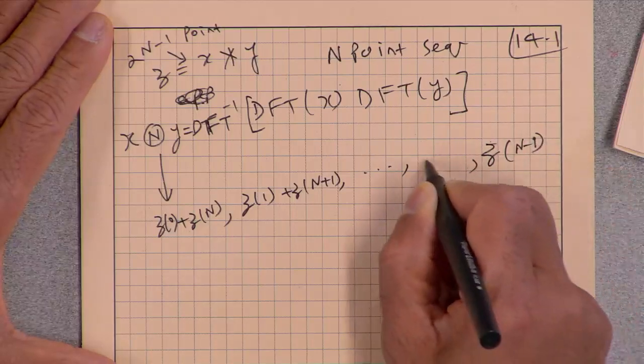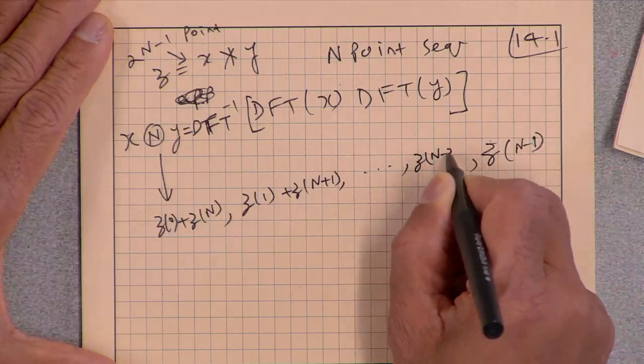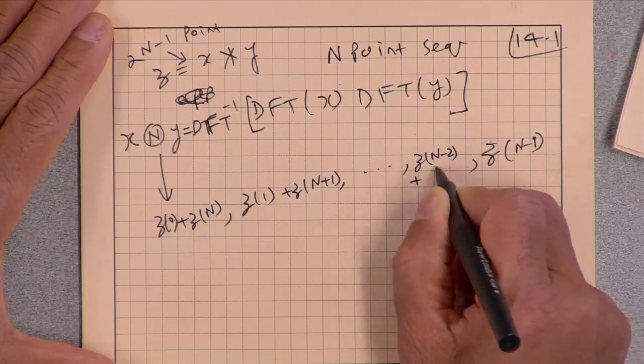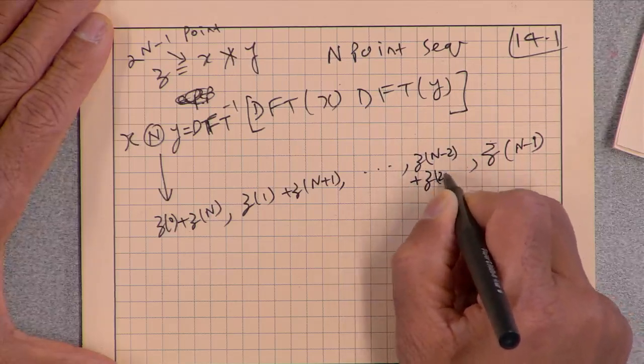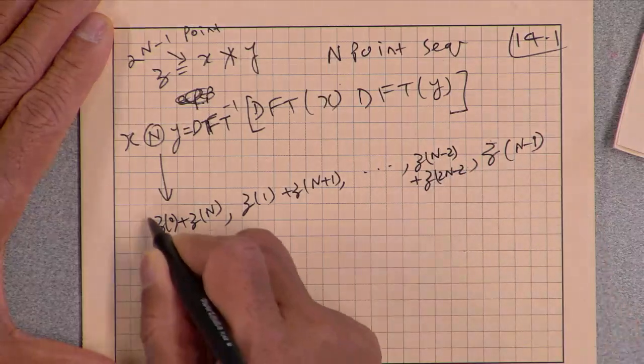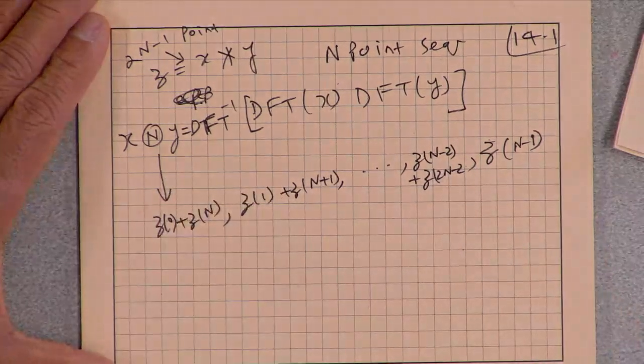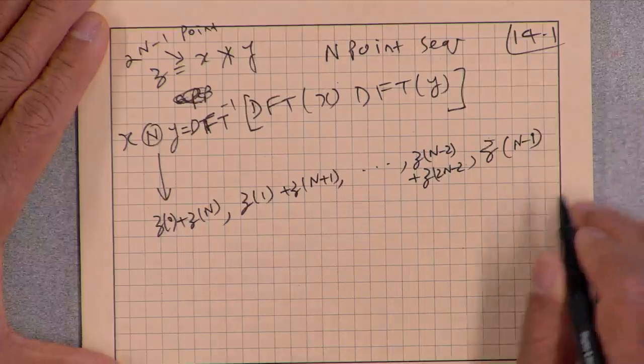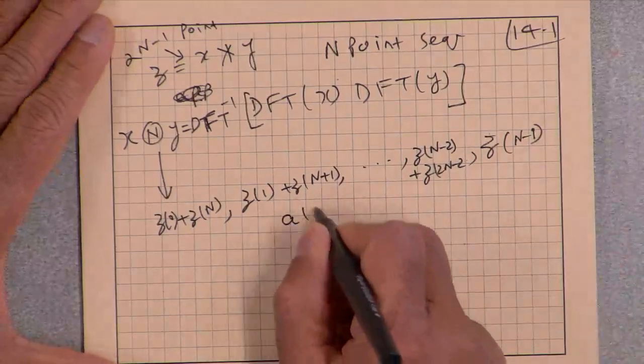The one before that will be zn minus 2 plus z of n plus n minus 2, so 2n minus 2. Okay, so that's going to be the circular convolution, also called the aliased sum.